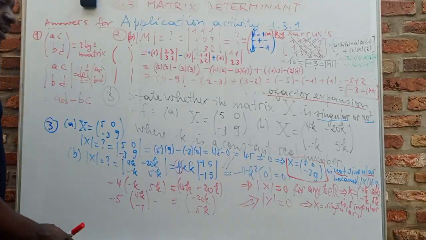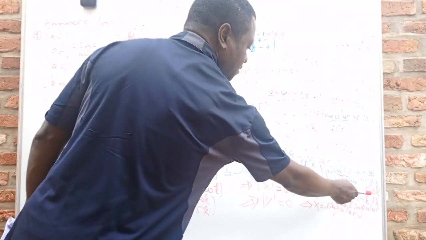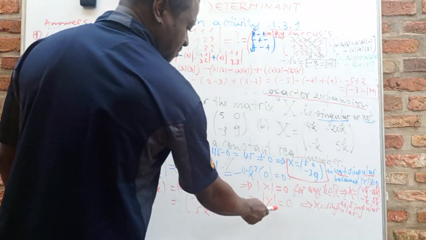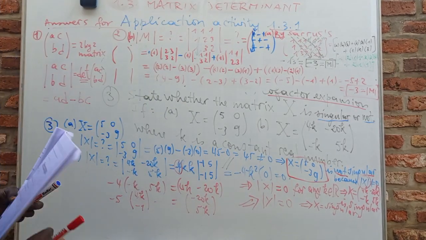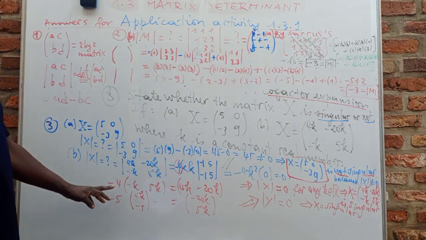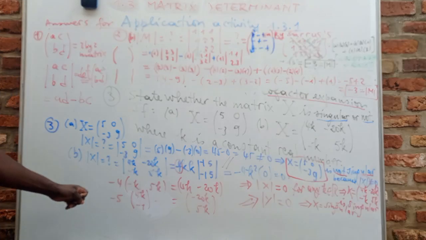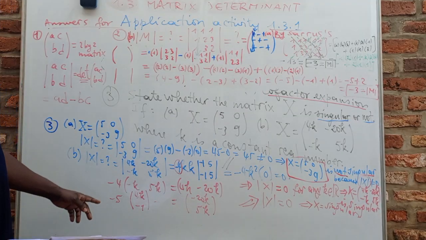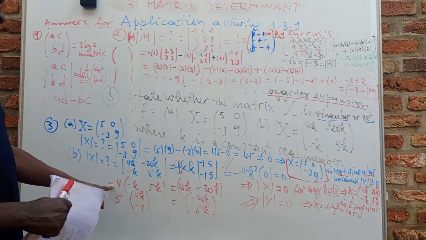So this is what we have just indicated. Each one of these arguments shows that this matrix is singular because the determinant must be 0. In case the first row is a multiple of the second by negative 4, its determinant must be multiplied by negative 4.